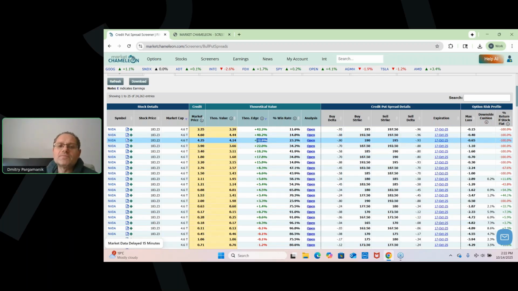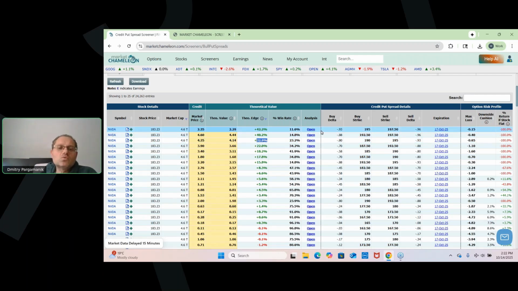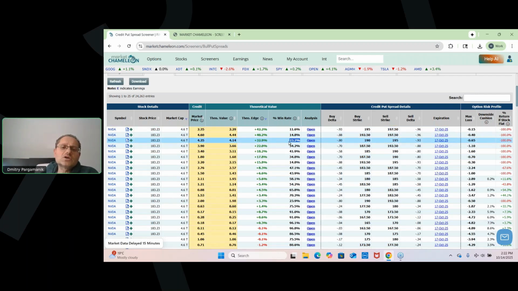So that's what this is. In addition, what are these win rates? Well, the win rates are looking at the historical stock moves and saying, okay, if we applied the historical moves, some were down, some were up, some were unchanged, some were up 5%, some were up 1%.